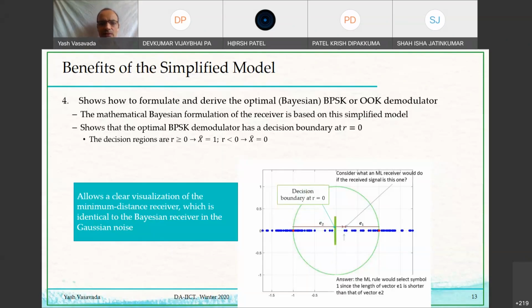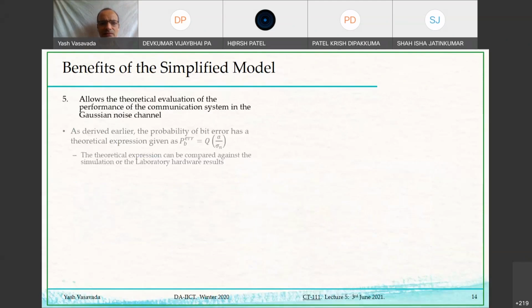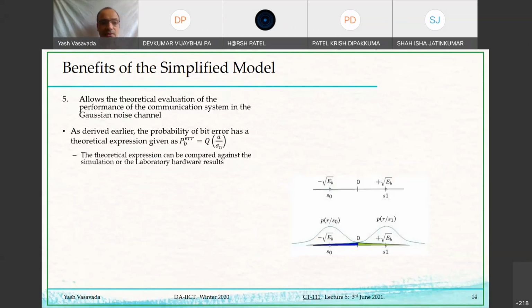Okay, so this is the basic concept that we had reviewed last time. And we saw that the theoretical error probability is this Q of A divided by sigma n, which again is Q of the distance separation divided by 2 sigma n.